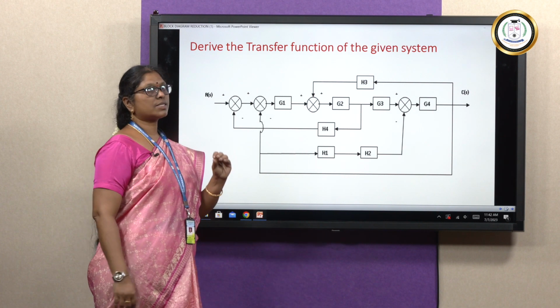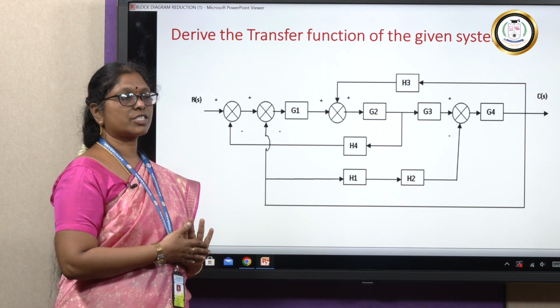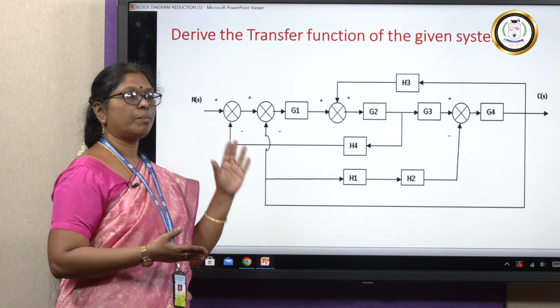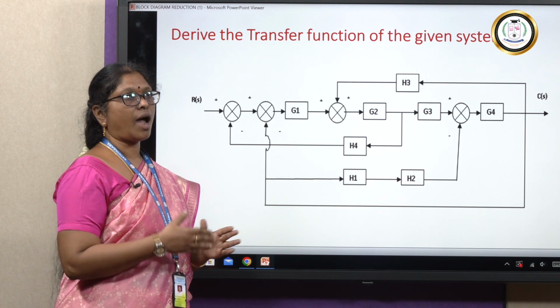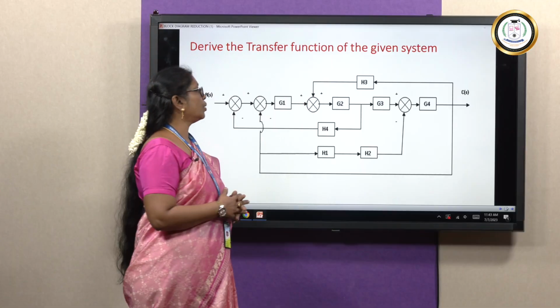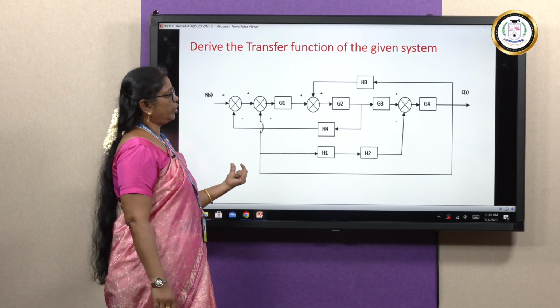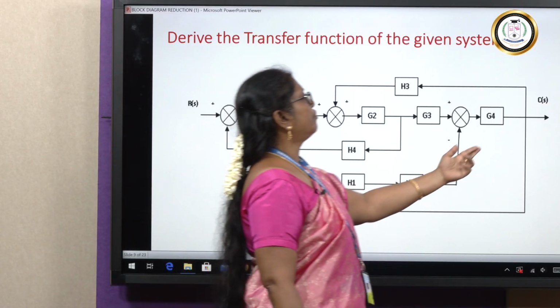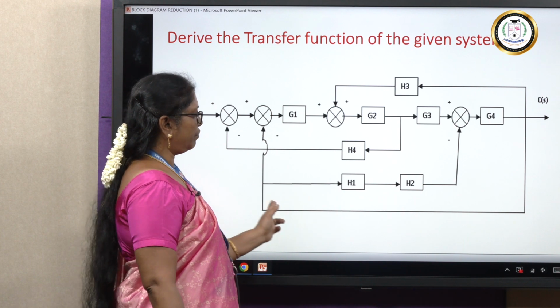So, first step, each one can solve the block diagram reduction in their own way, but see to it that you are following the rules and the signals are not changing. So, this is the block. First, from here feedback is coming, this is a unity feedback.